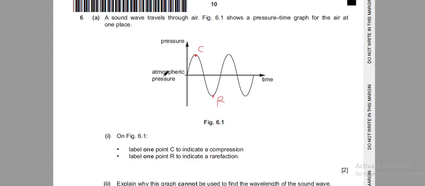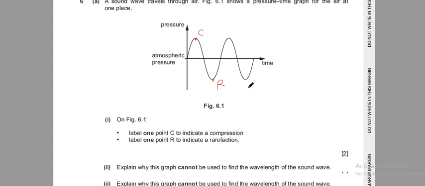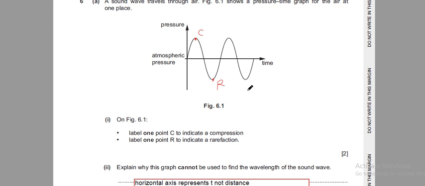Here is a sound wave represented by a pressure-time graph. Label C for compression and R for rarefaction. It is somewhat confusing when you see the sinusoidal wave, which looks more like a transverse wave, used to represent the longitudinal or sound wave.